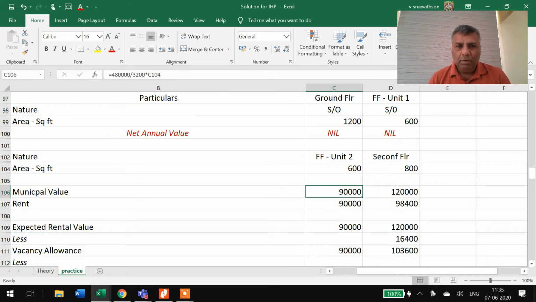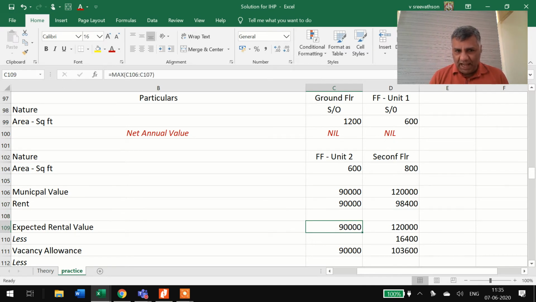First, the municipal value is 4,80,000 divided by 3,200 into 600. Are you getting 90,000? Municipal value 4,80,000 divided by 3,200 into 600, 90,000. Rent is also 90,000.